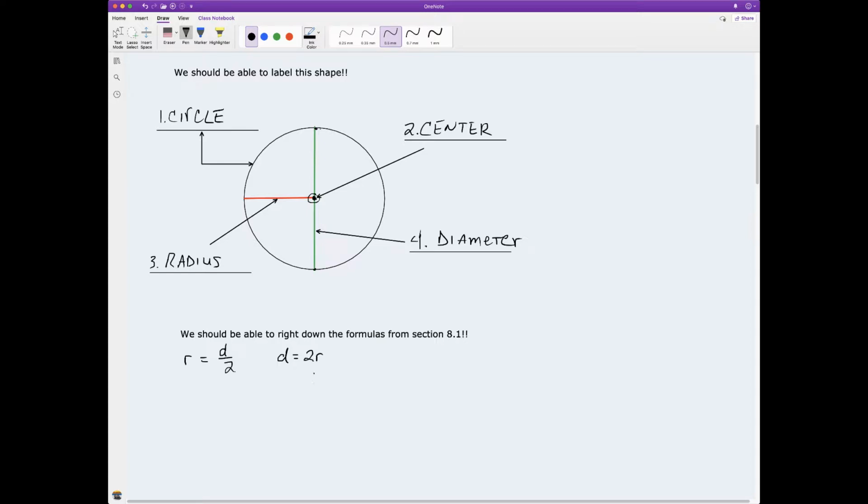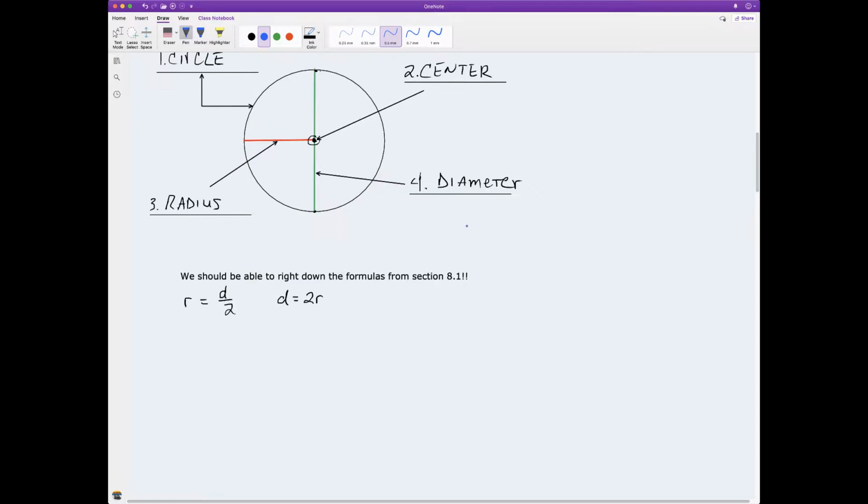And then we had our formulas for circumference. Circumference, remember, is the distance that we travel if we were walking around our circle, starting at one point and ending at that same point. It's the distance around the circle. We had 2 formulas for circumference.